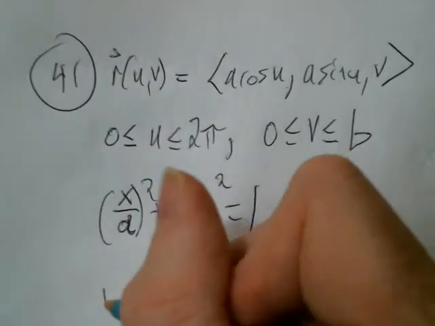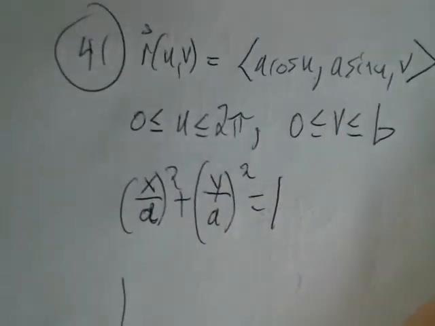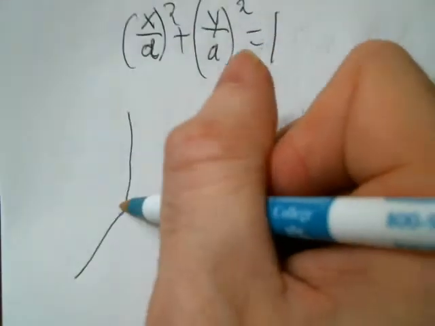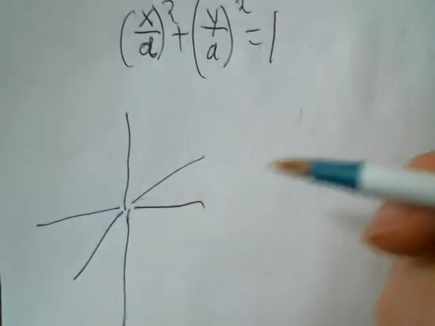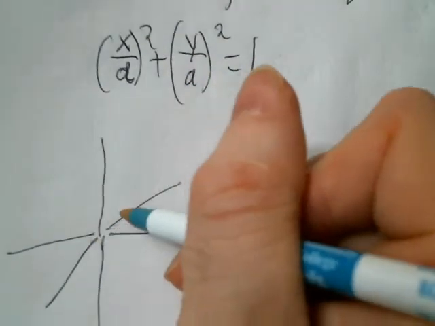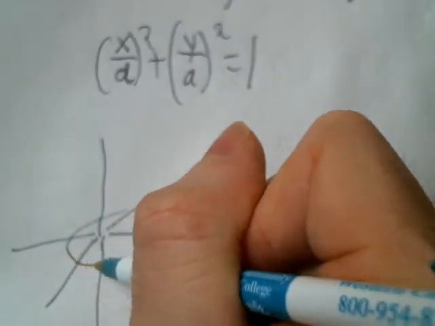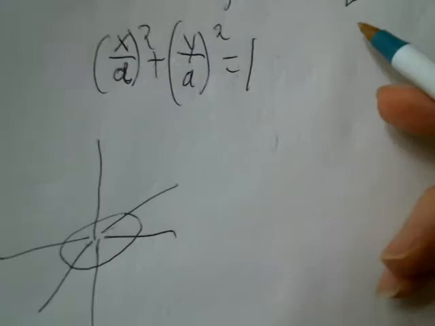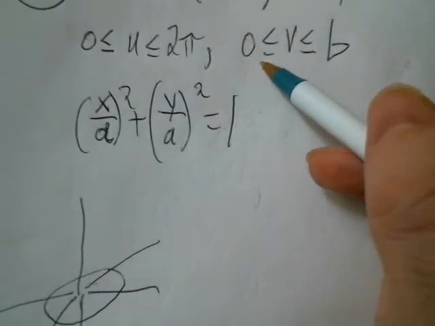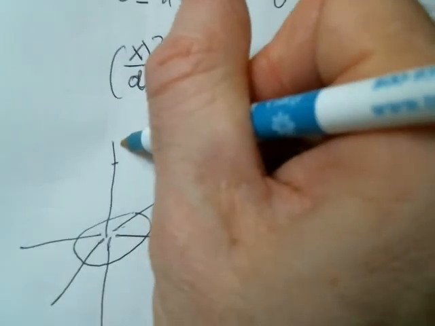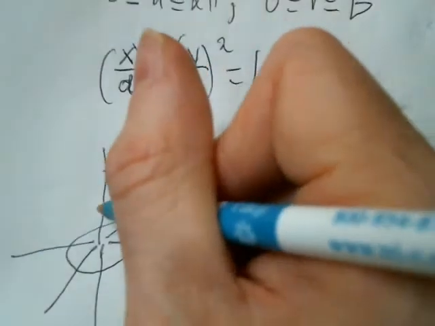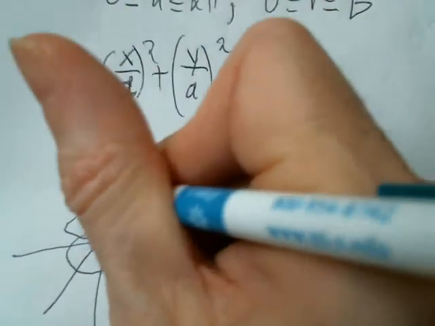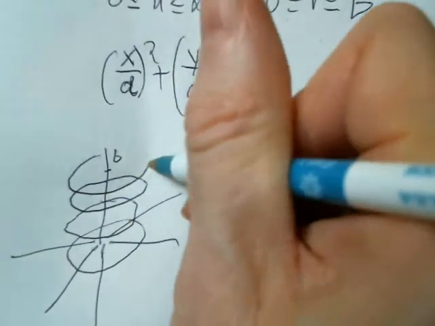So ultimately, the picture in xyz space, we have just our generating curve there, and then we're varying the height value from 0 to b. So if we have some point 0, 0, b up here, our cylinder is going all the way up to that point.